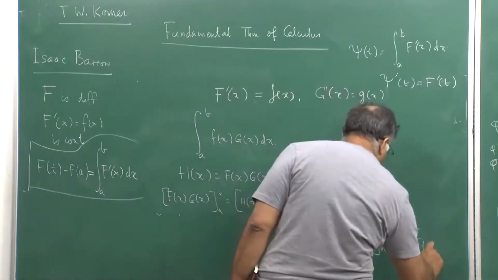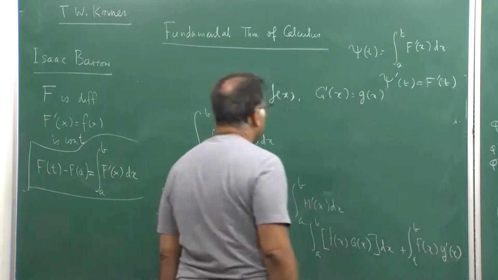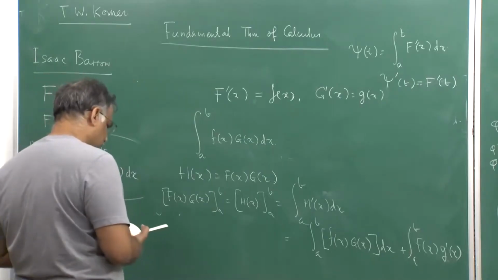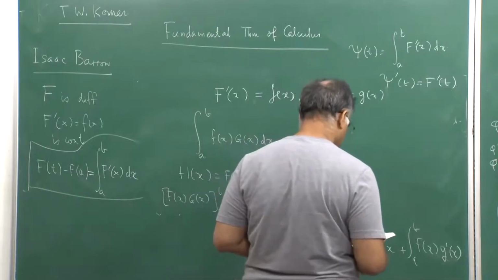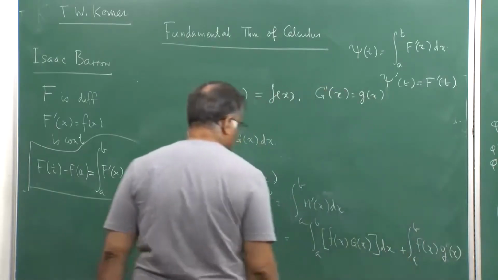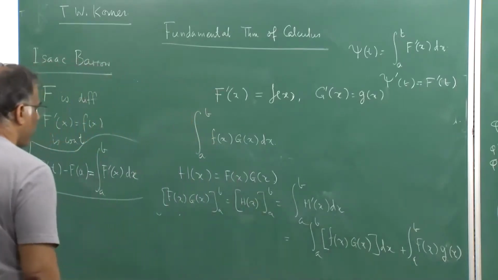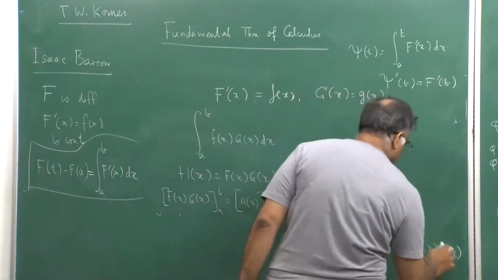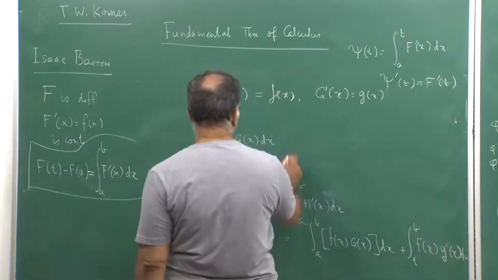I am just writing everything directly: capital Fx into g dash x, where g dash x is small gx dx. So what is this formula of mine?